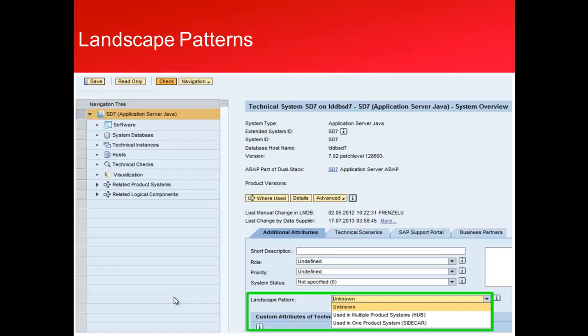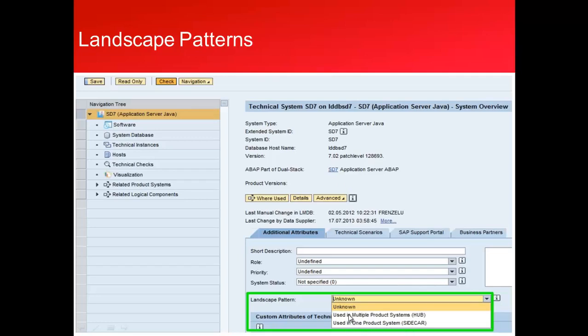In the landscape management database, you need to set the landscape pattern for a technical system to define whether it is used by one or several product systems. If it is used by one product system, it's called a sidecar scenario. You can see it used in one product system.